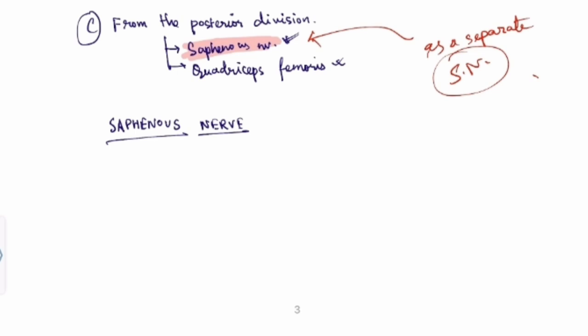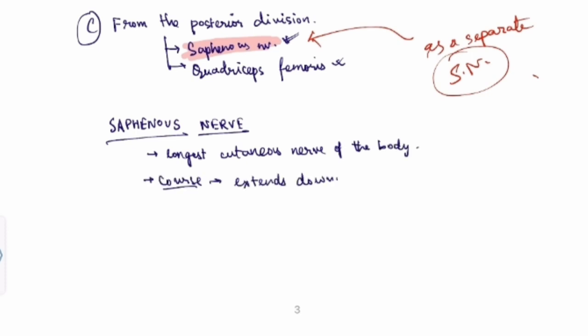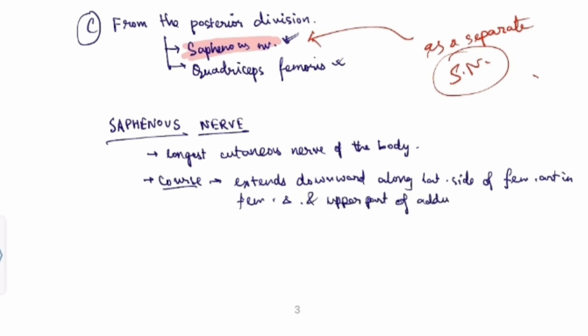What are we going to write about it? It's the longest cutaneous nerve of the body, as I had already mentioned. We are going to write about its course. It extends downwards along the lateral side of the femoral artery in the femoral triangle and the upper part of the adductor canal.